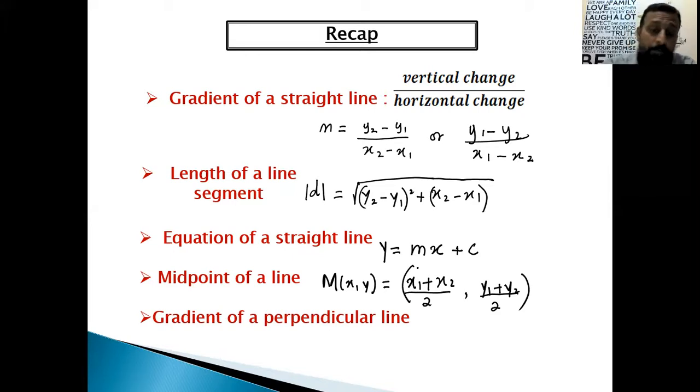Gradient of a perpendicular line. Remember, we spoke about that. There are two ways to find this gradient. Either you can use the formula, the product of the gradients m1 times m2 equals minus 1, or you can do it mentally, directly, as the gradient m2 of a perpendicular line is the negative reciprocal of the other line.